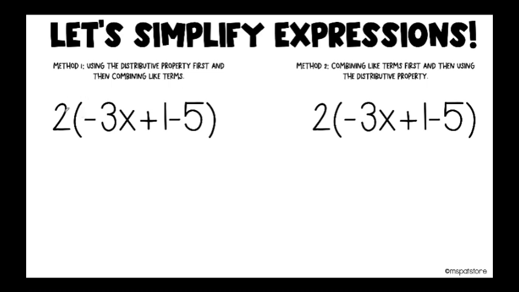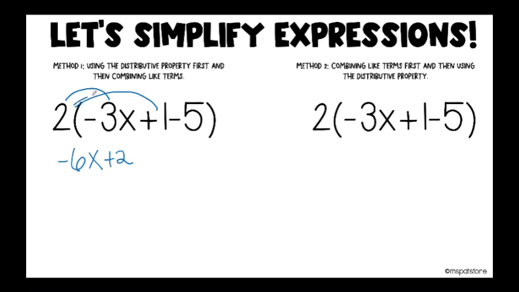So you're going to remember that you need to multiply the number that is right in front of the parentheses by everything that is inside the parentheses. So I'll do 2 times negative 3x, which is negative 6x. 2 times positive 1, which is positive 2.